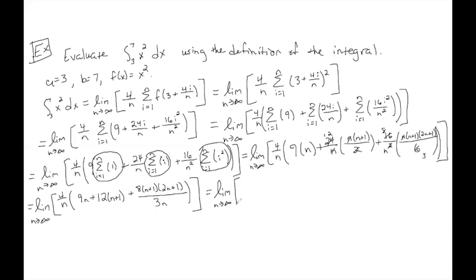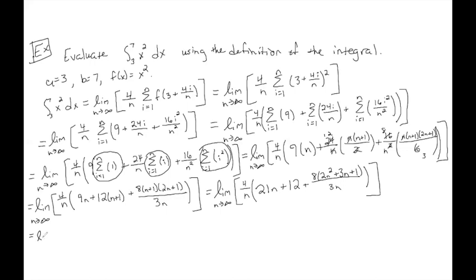Let's distribute everything through except for the 4 over n. So I have 9n plus 12n, which is going to give me 21n, I believe. Let me double check and make sure I'm still on the right track here. Yep, this looks right. Okay, so I have 21n plus 12. Right, I get a 12 out of this as well. Plus, now this is 8 times 2n squared plus, I get an n, I get a 2n, so I get plus 3n plus 1 all over 3n.